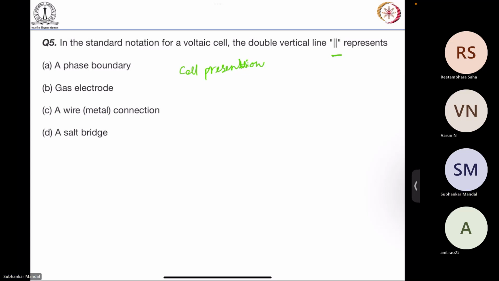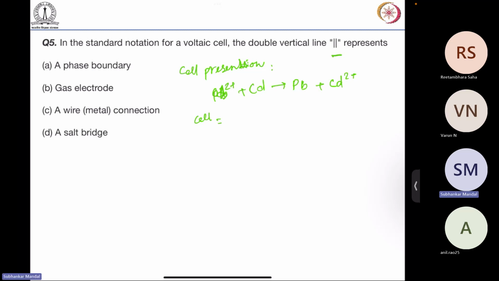the reaction is palladium 2 plus plus cadmium going to palladium plus cadmium 2 plus. So what cell presentation can we write? The left side will be oxidation.